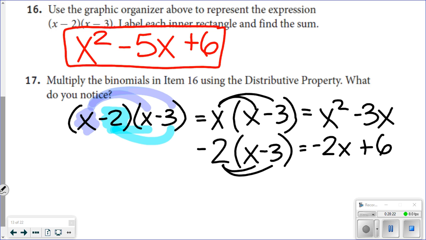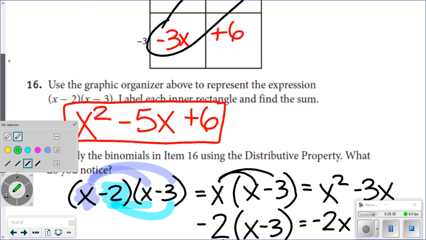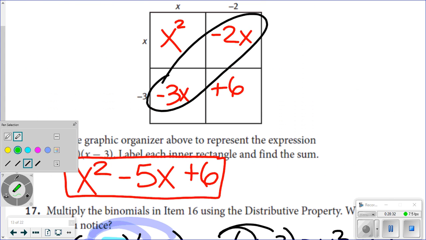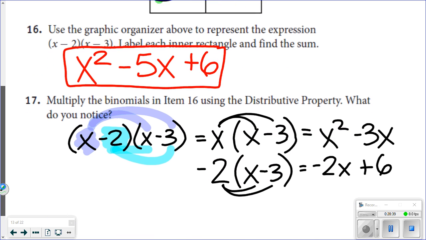Oh, wait a second here. Something's the same. These four terms are identical to our four terms here. Okay, these were our like terms, and I have the same like terms right here.